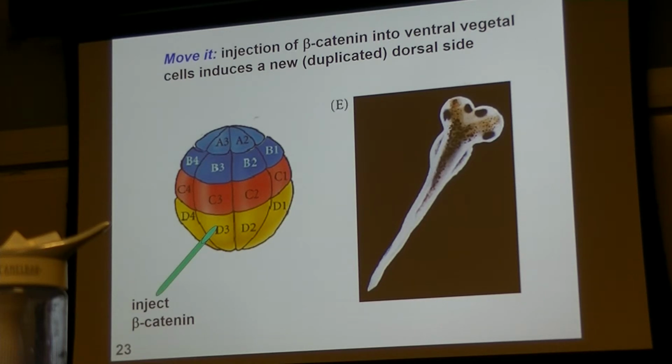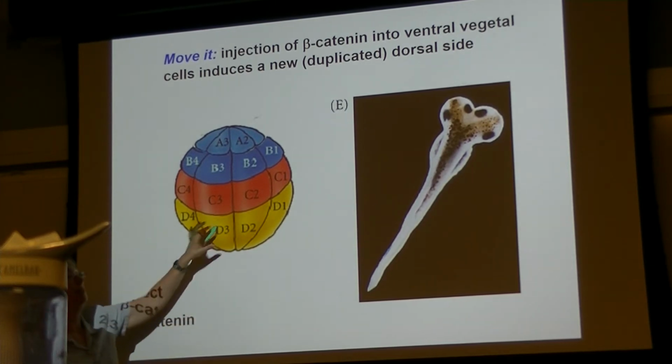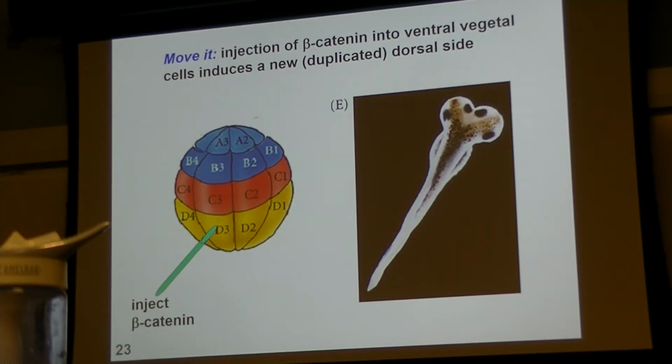Now we'll test if beta-catenin by itself would be sufficient to generate dorsal cell fates. And previously we know that in the classical days, Nieuwkoop did this experiment where he arranged for the D3 blastomere to have Nieuwkoop components in it. So why don't we do this experiment where we inject the D3 blastomere with beta-catenin?